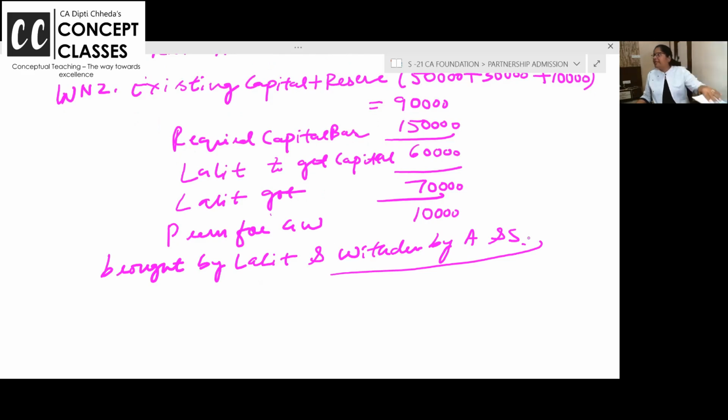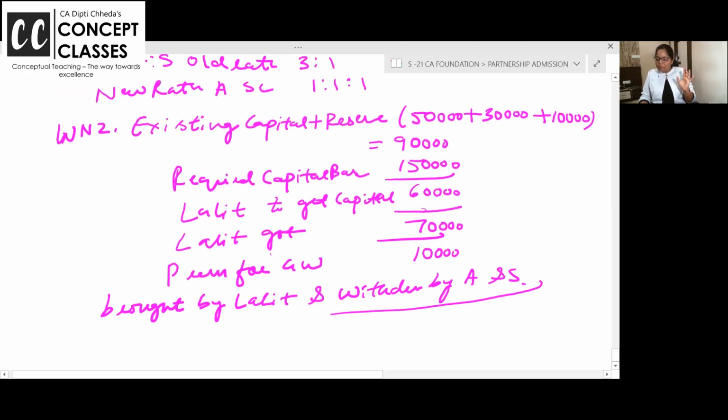Yes, okay, quickly. Existing capital is 90. We wanted 150. Lalit brings 60. He brought 70. 10,000 is goodwill. Lalit will bring premium for goodwill. Why are we saying give it to old partners and then withdraw also? Because if we just give them, the old partners' capital base will change. We want the capital to be 1,50,000.